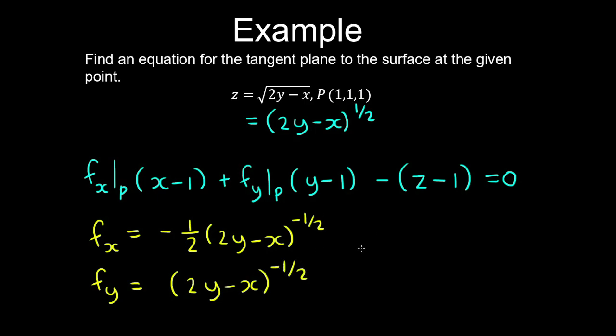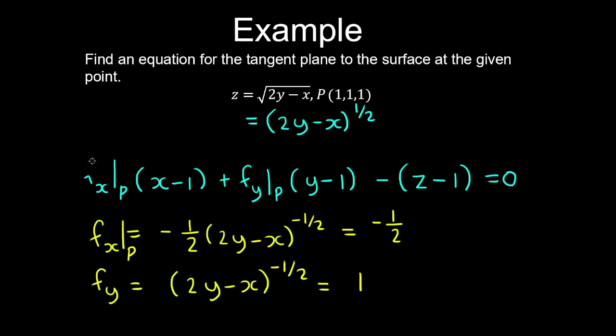So we're just applying the chain rule. And evaluating this at point P, we have 2 times y, which is 2, minus x, which is 1, gives 1 to the negative 1/2. So this partial evaluates to minus 1/2. And similarly, this expression evaluates to 1 to the negative 1/2, which is 1.